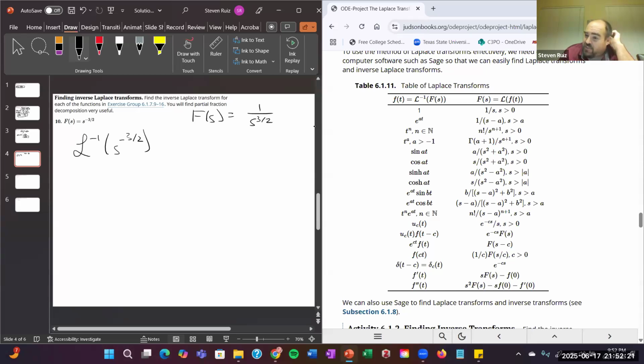Like I said, many of these require you to have an integer value for your exponent. The exception I see is this fourth line down, which is going to contain a function that's kind of strange, but we'll talk about how to deal with that. So I'm looking at this here.